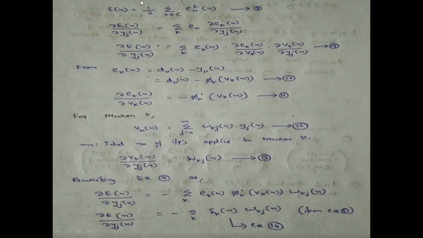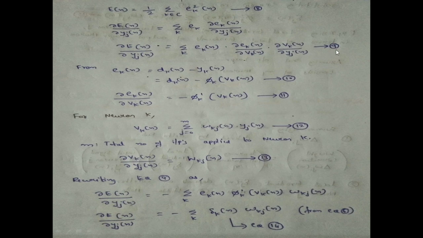From this, let us calculate ∂E(n)/∂Yj(n), the partial derivative with respect to Yj of n, which gives us the sum over k of Ek times ∂Ek(n)/∂Yj(n). This value can again be expressed as ∂Ek(n)/∂Vk(n) into ∂Vk(n)/∂Yj(n).